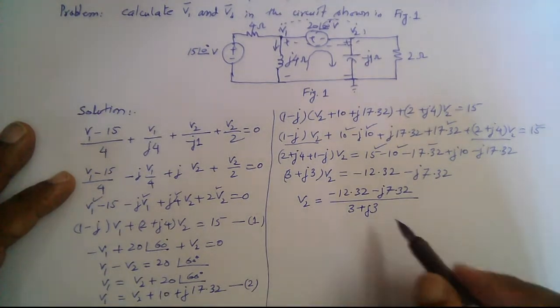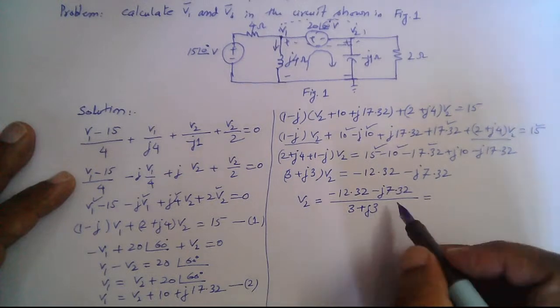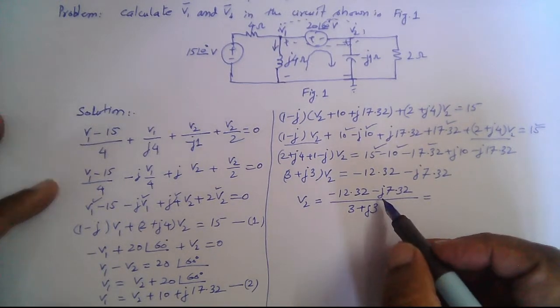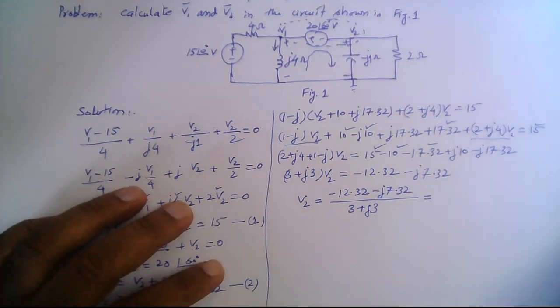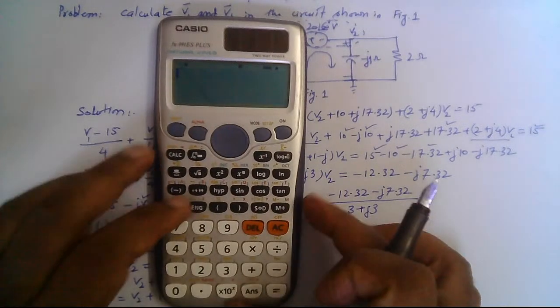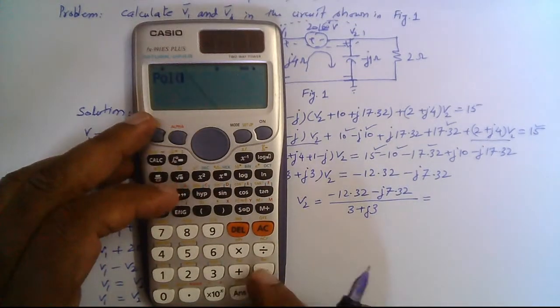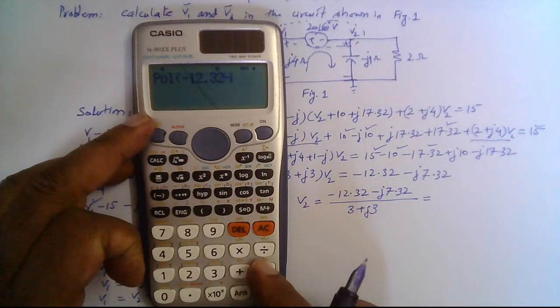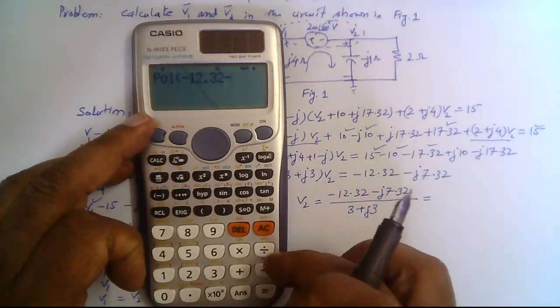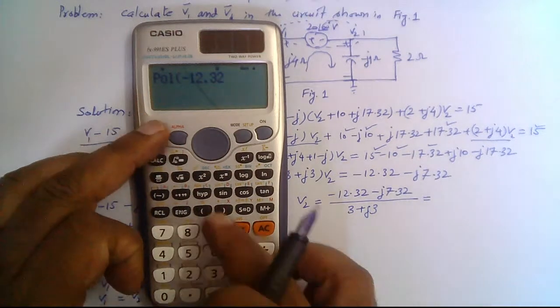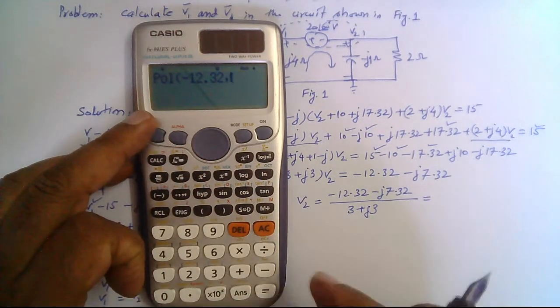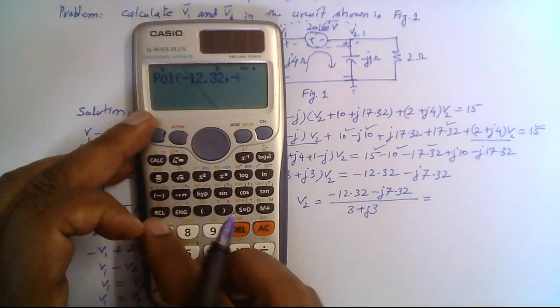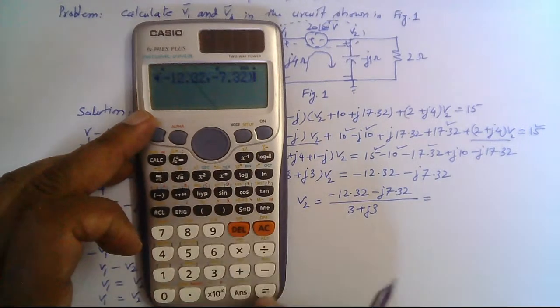So we need to transform these complex numbers in the rectangular form to the polar form for the division. So minus 12.32, then minus 7.32, right?